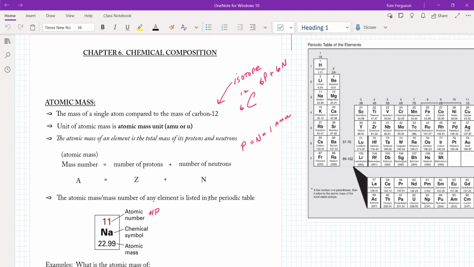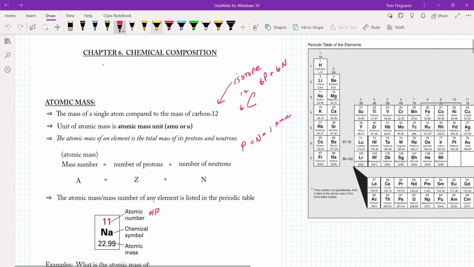Now, when I say units, a unit is either a proton or a neutron, not electrons, because electrons are 1/300,000th of the mass of either a proton or neutron.